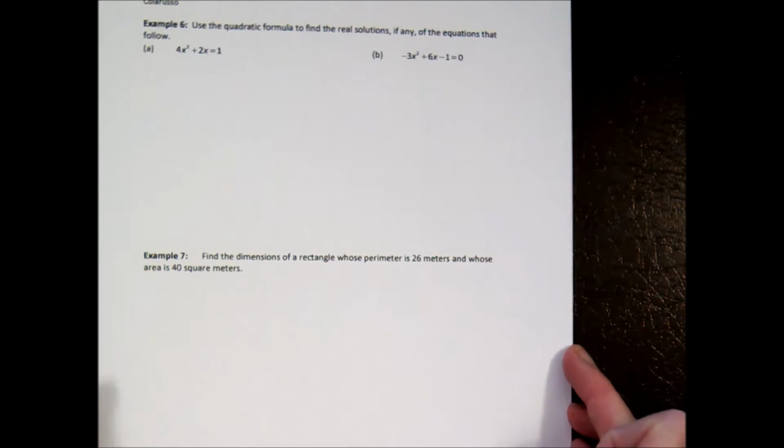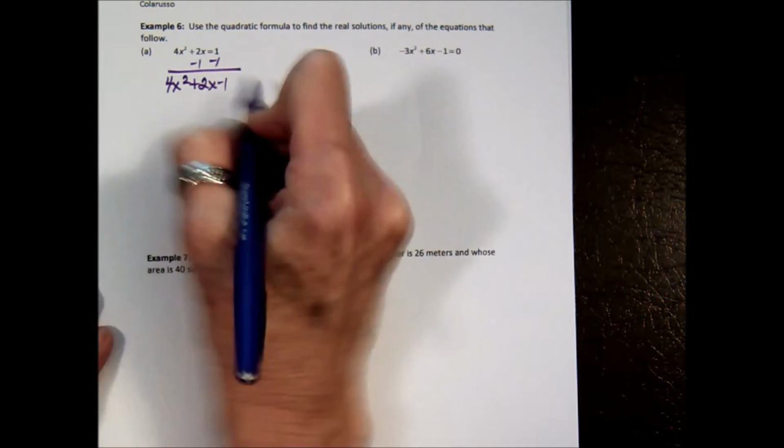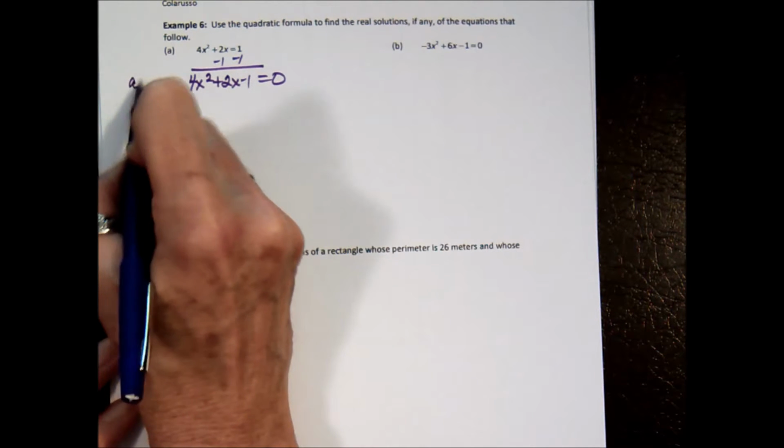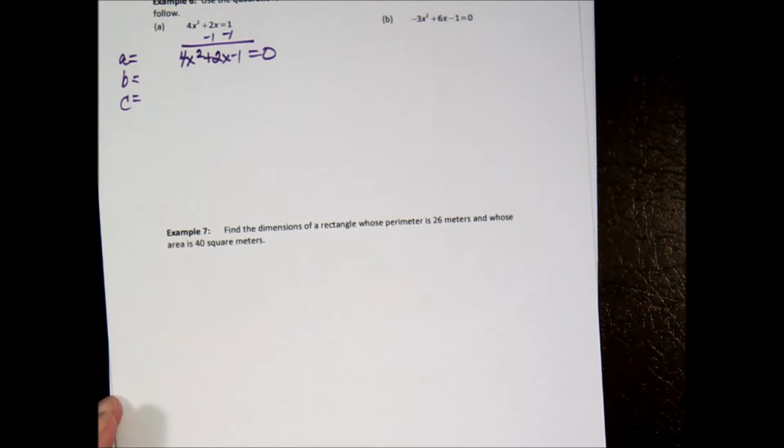So here I'm going to subtract a 1. 4x squared plus 2x minus 1 equals 0. Now my equation is ready. So I'm going to come into the side. I'm going to label my a, my b, and my c. A is the number in front of the squared term, the coefficient.